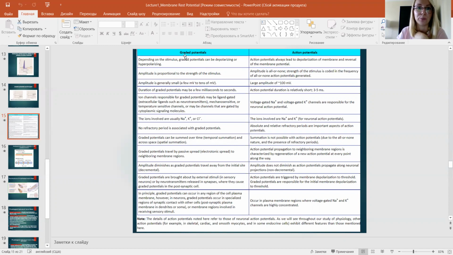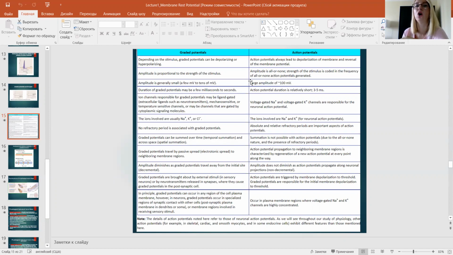Amplitude in case of graded potential is proportional to the strength of the stimulus. So I will explain again. If the strength of the stimulus rises but still remains lower than the threshold stimulus, then the force of graded potential also increases. In case of action potential, it doesn't work according to the strength principle.